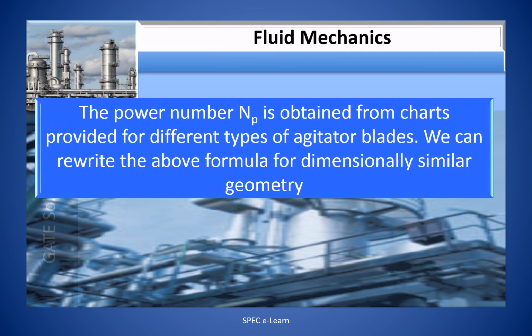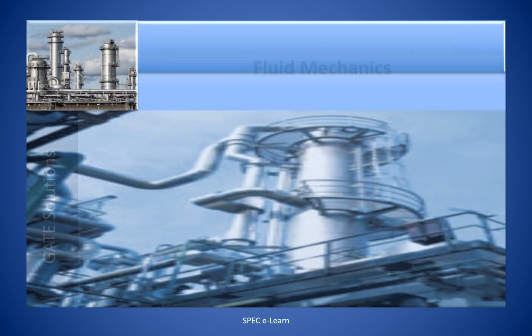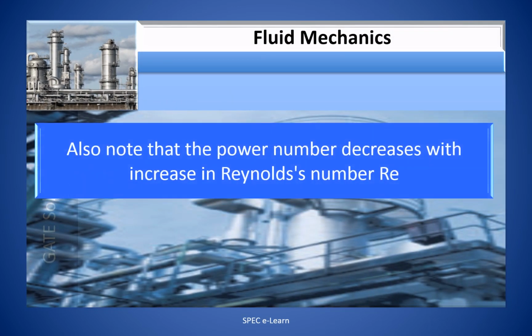We can rewrite the above formula for dimensionally similar geometry. P is proportional to rho times n to the power 3 into d to the power 5 times Np. And also note that the power number decreases with increase in Reynolds number, Re.